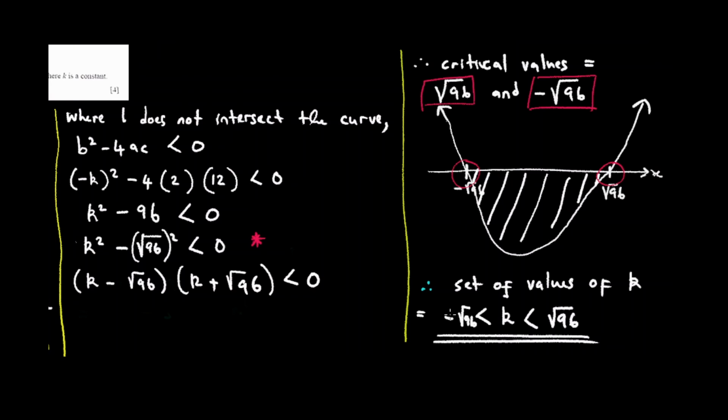Then the sketch will be like this. But there's something I want to just preempt. What if it was a maximum point?